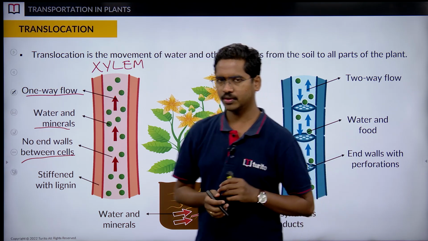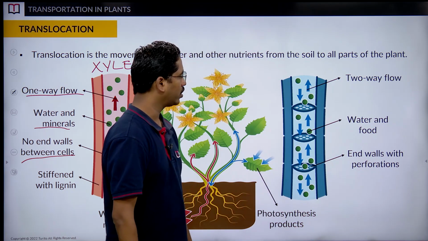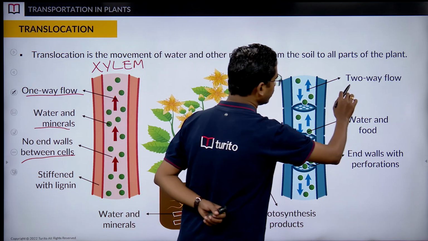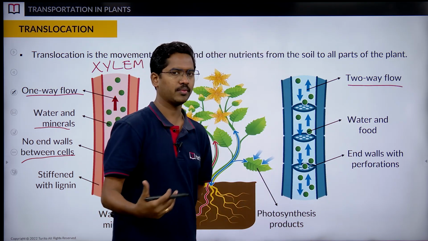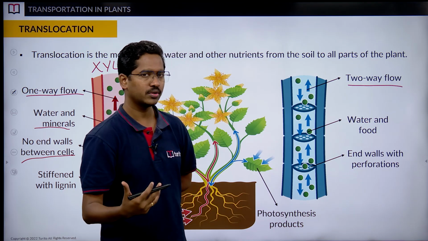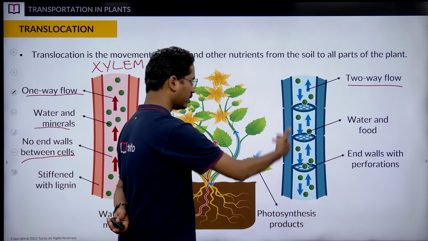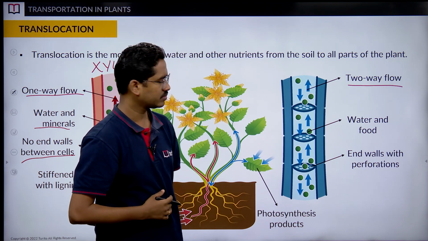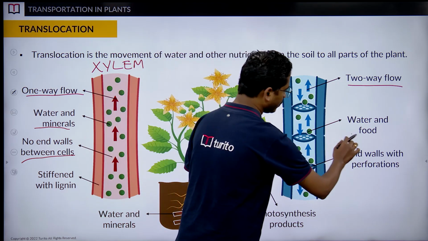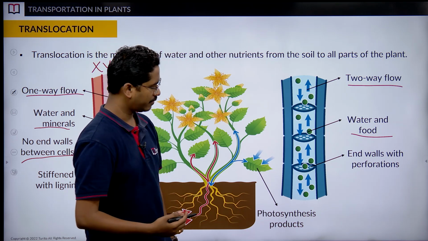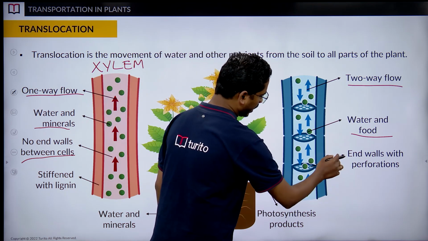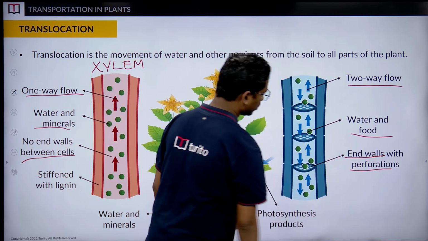Now, if you try to observe in the case of phloem, first thing, two way flow, both the directions up and down. If you remember the flow chart I have shown you, it is actually in link with that, and you see that the water and food are taken care of in this movement up and down, and after that you see specific end walls with perforations.